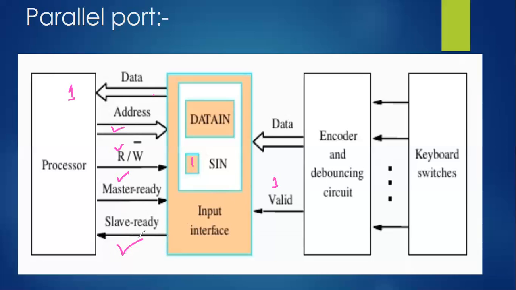Remember, the slave ready signal should be active until the end of the data transmission. If the master ready signal is terminated after the generation of the slave ready signal, no problem. But slave ready should always be active until the data transmission is completed. Later, the slave ready signal will be generated. Meanwhile, the data available in the data in will be uploaded onto the data line of the bus. Finally, it will be received by the processor itself.